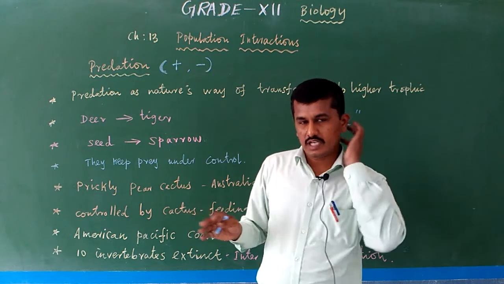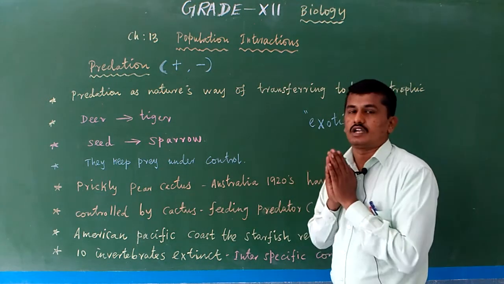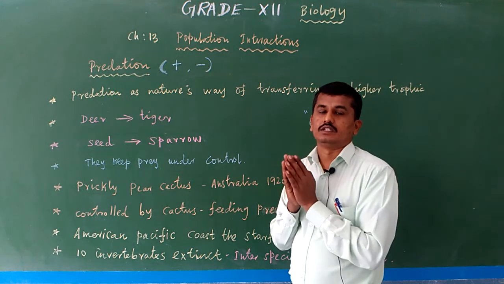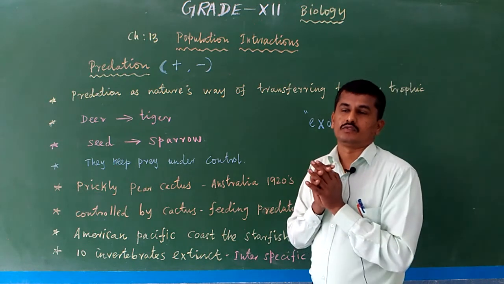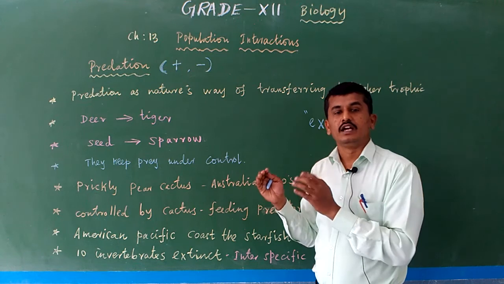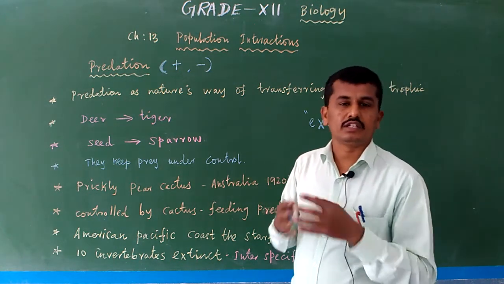This is an example of predation. In predation, predators are important for controlling the prey species. Normally we think that if predators are removed, the prey population increases.